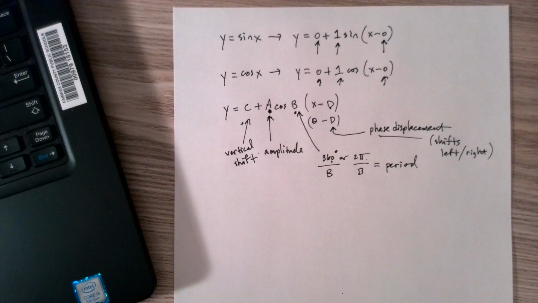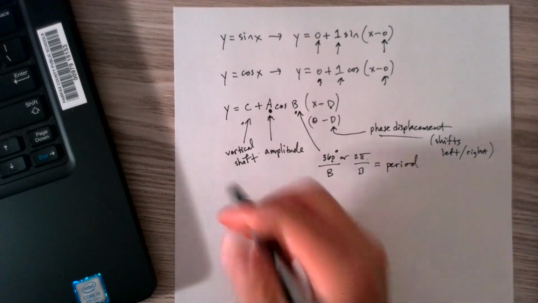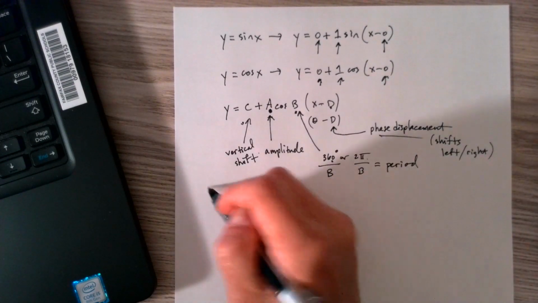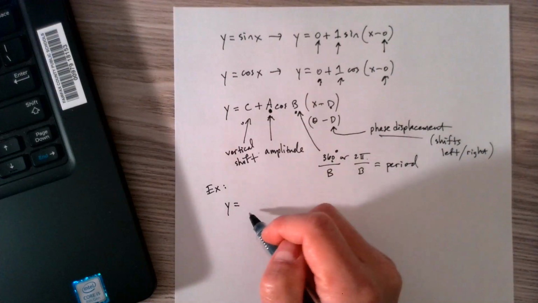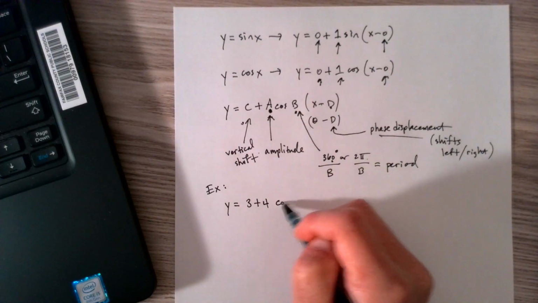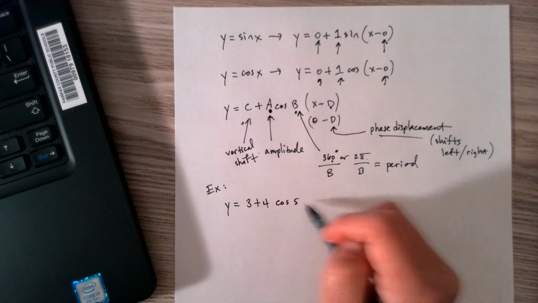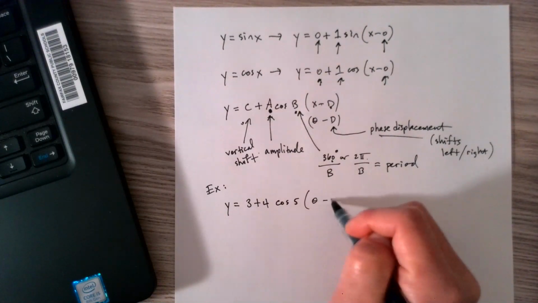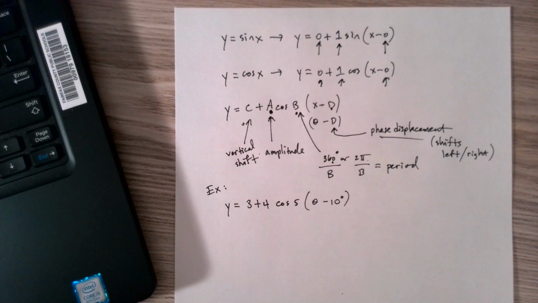Okay, so we're going to do an example here. y equals 3 plus 4 cosine 5 of theta minus 10 degrees.